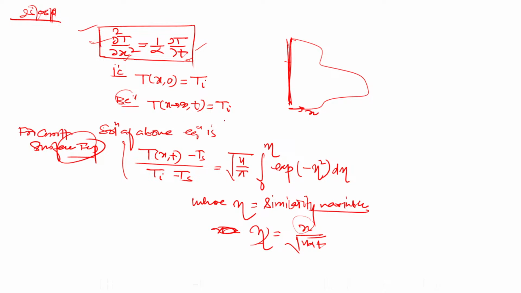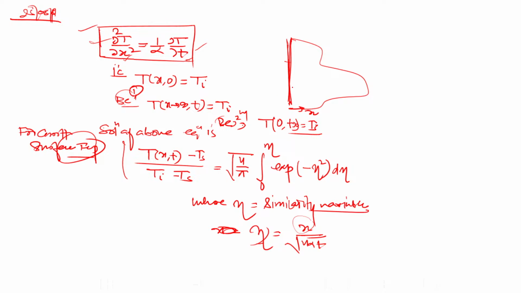So what is the second boundary condition? Temperature at x equal to 0, at any time t more than 0, is found to be Ts. Temperature has been immediately increased to Ts.